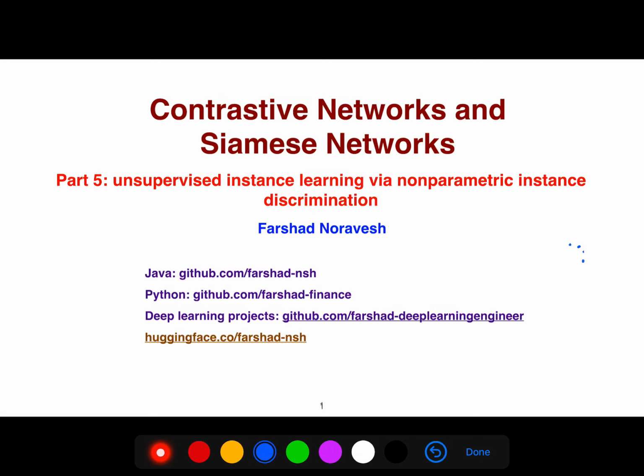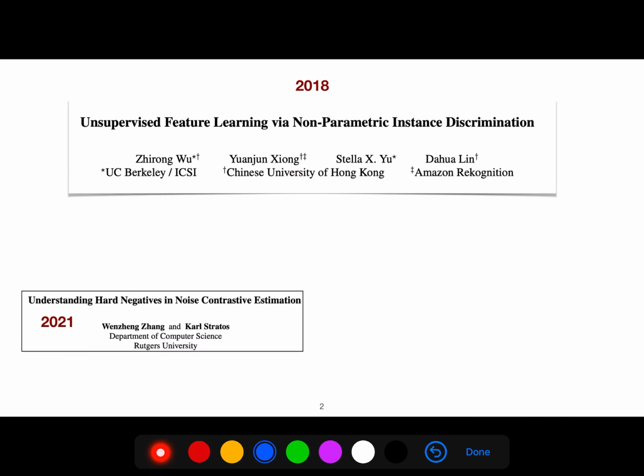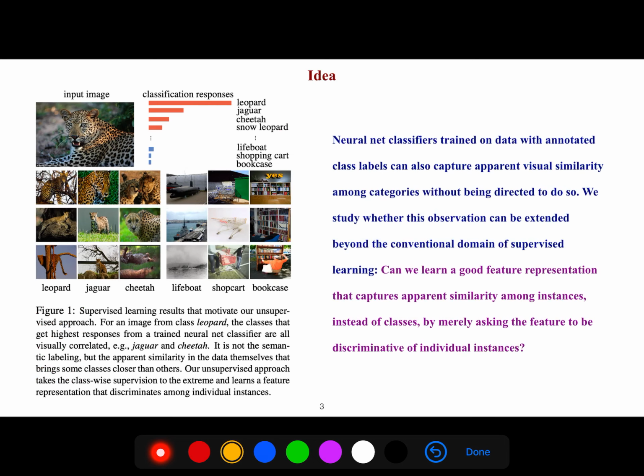I'm going to be explaining another approach for contrastive networks, where we use unsupervised instance learning via nonparametric instance discrimination. These neural net classifiers trained on data with annotated class labels can also capture apparent visual similarity.